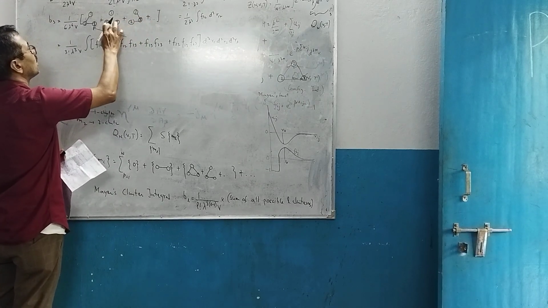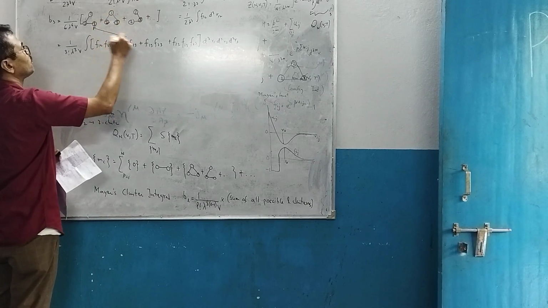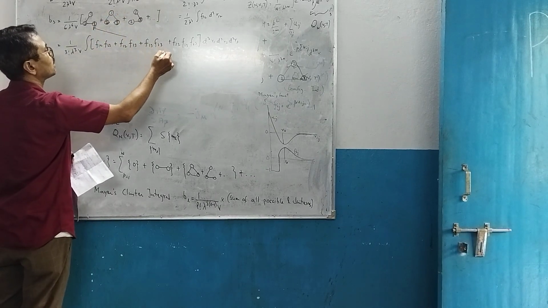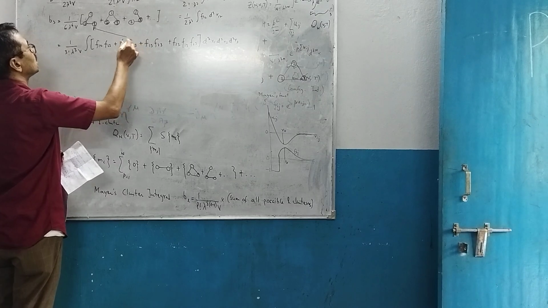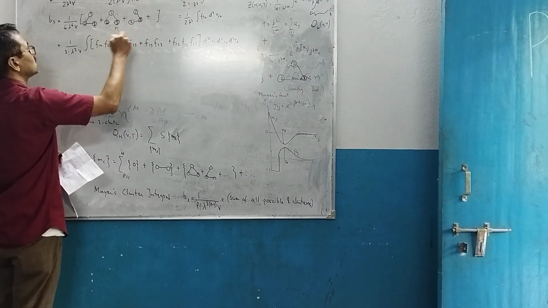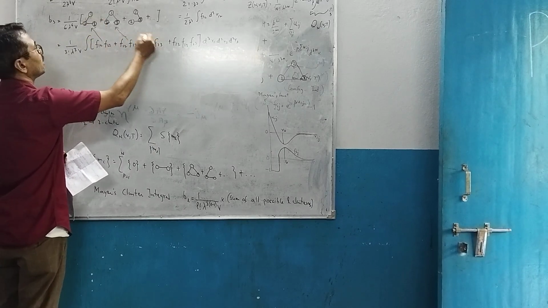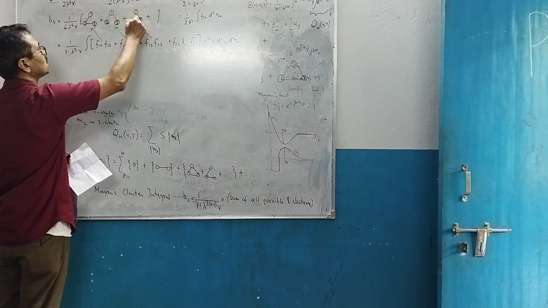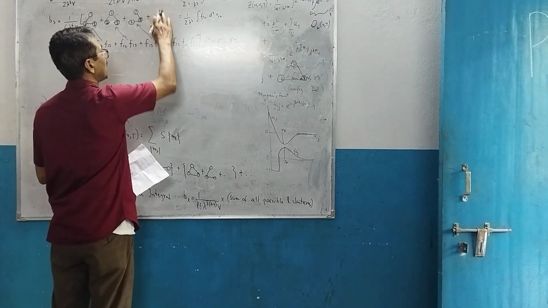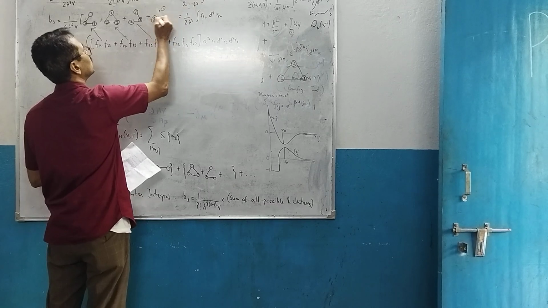And F1 to F13 is this, F1 to 3, this is this, and F13, F23, this is this. And for that, if you want to draw a picture, then 1, 2, 3.